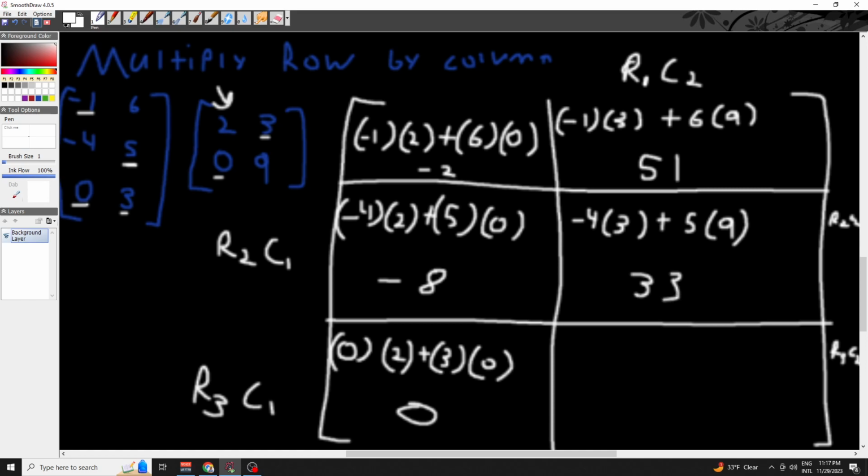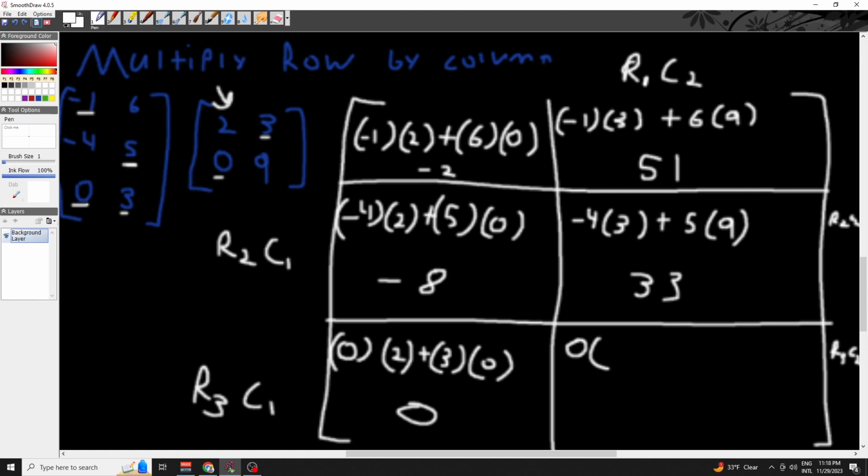And then lastly, you've made it this far. I hope it's made adequate sense. Row 3, column 2. This is the third row right here. So we're going to start out with 0 multiplied by 0. Wait, I'm a big liar. I'm sorry if I just confused you.